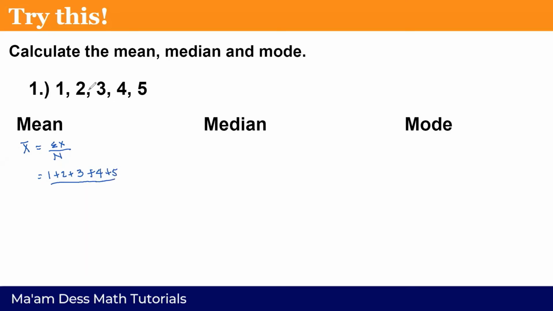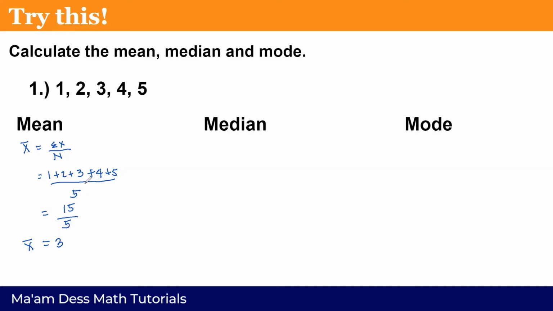By n, count the numbers of scores or digits. We have 5. Okay? So add mo lang po yan, 1 plus 2 plus 3 plus 4 plus 5, so equals 15. Then divided by 5. So therefore, the mean is equal to 3.